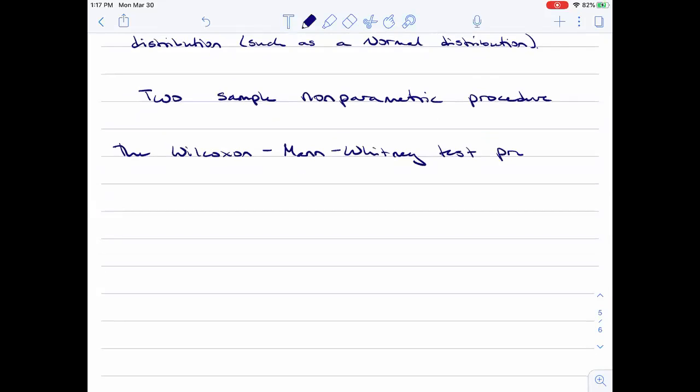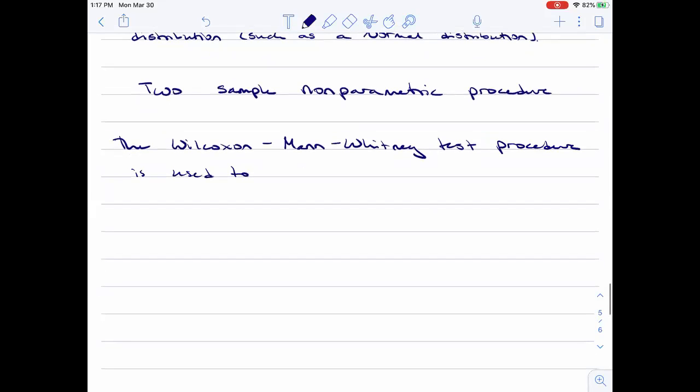The Wilcoxon Mann-Whitney test procedure is used to make inferences for two medians, right? We've been testing means so far, but if we don't have a normal distribution, we know that we should use the median as our center.